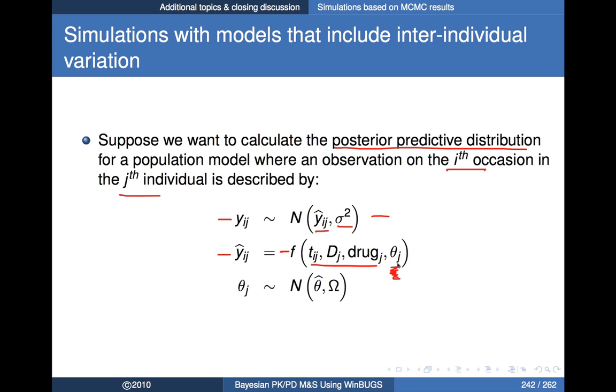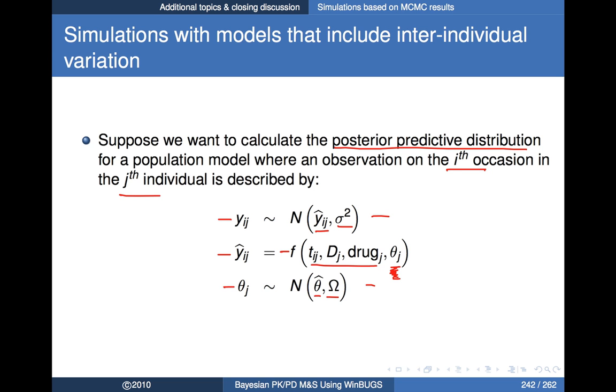In particular, let's assume that it is subject specific and that inter-individual variation in that parameter, or possibly set of parameters, is normally distributed with some mean theta hat and some variance matrix here, omega. So in other words, this is kind of the common framework for, say, a population PK model.